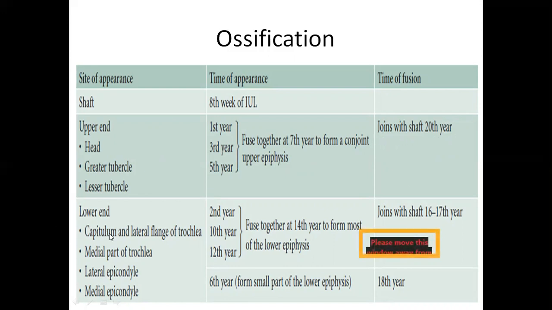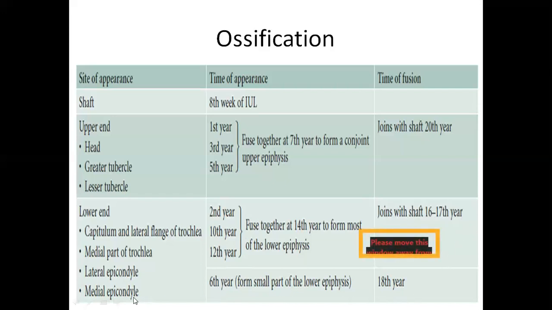At the lower end, you will see the ossification centers appearing for the capitulum, trochlea, and the medial and lateral epicondyles, which appear by the 2nd, 10th and 12th years, and finally they all fuse together by the 14th year. Usually the medial epicondyle appears at the 6th year. So the whole lower end forms as a single bone and joins with the shaft by the 16th or 17th year.